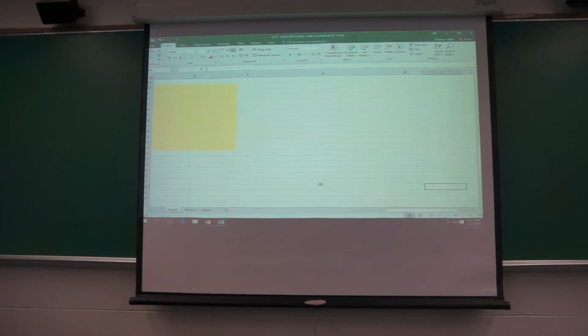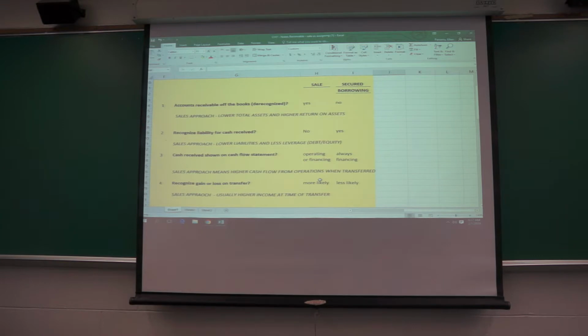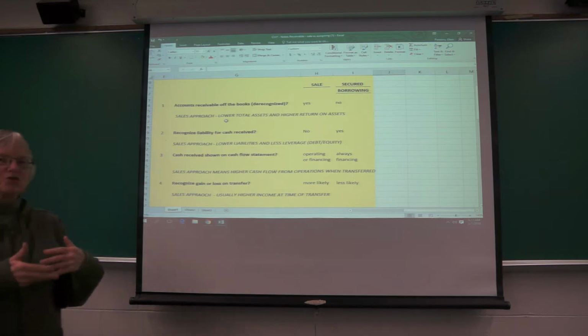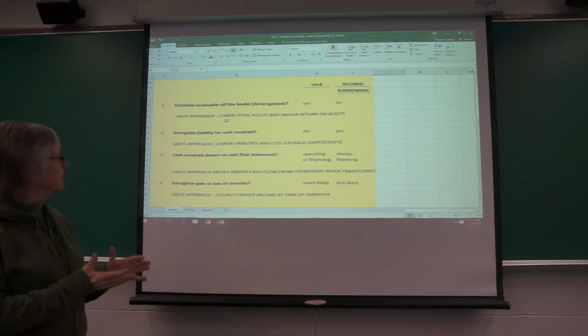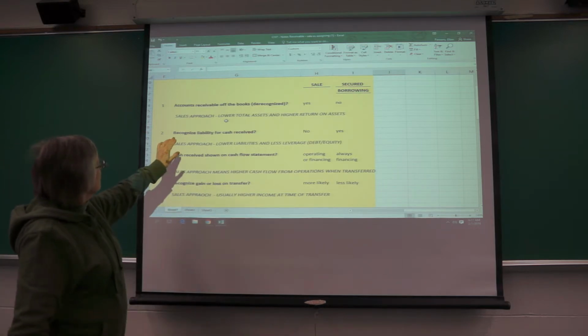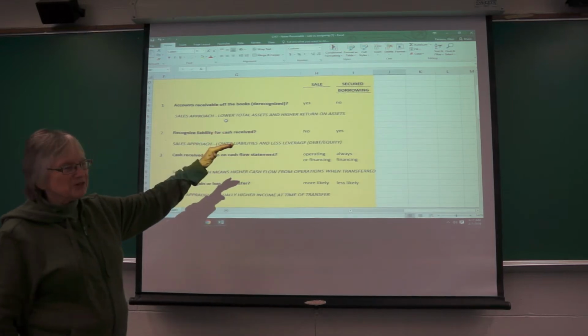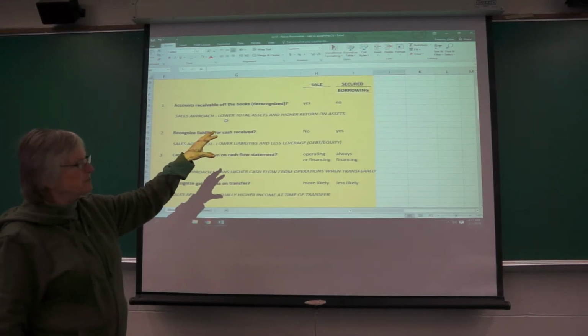Okay, so let's just go over here a little bit and just compare. You have the accounts receivable off the books. I'm just trying to show you why companies have the incentive to do it one way rather than another. With the sales approach, you're going to end up with lower total assets and a higher return on assets because the receivables come off the books.